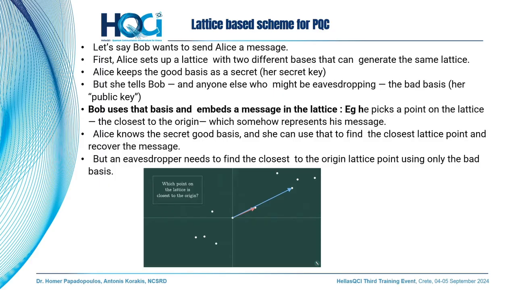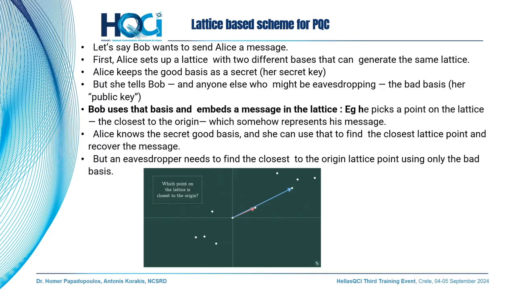Okay, so in that case, what is happening is Bob, who wants to send me a message, takes this bad basis and creates, for example, if he wants to send me 1 bit, he identifies this bit here. We create this point with this basis. It's quite easy to create, and then he sends it to me.